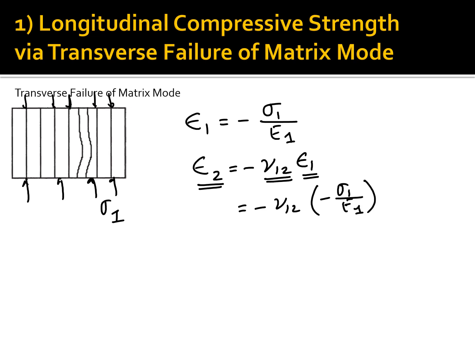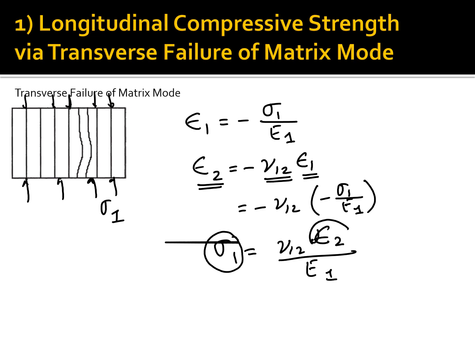And from here, we can say that sigma 1 is nu12 times epsilon 2 divided by E1. That's what we're going to get. What that means is that the ultimate stress which you can apply here will be based on the ultimate strain which it can take in direction 2.